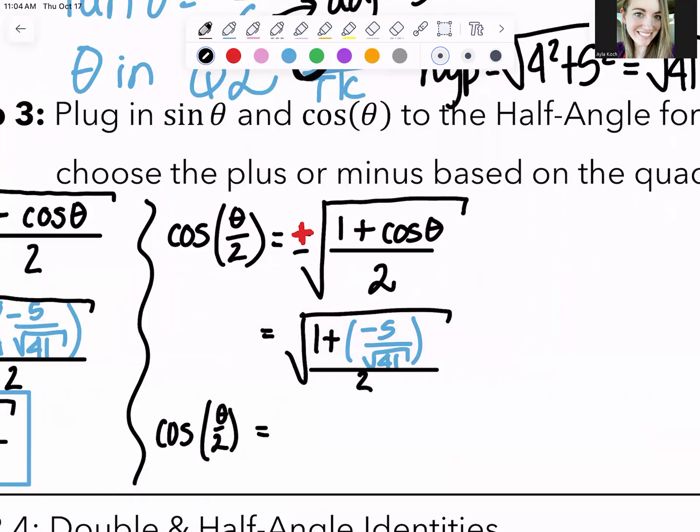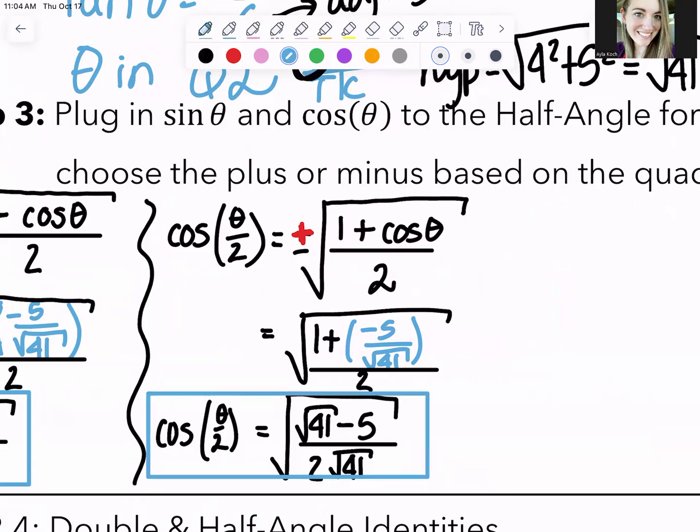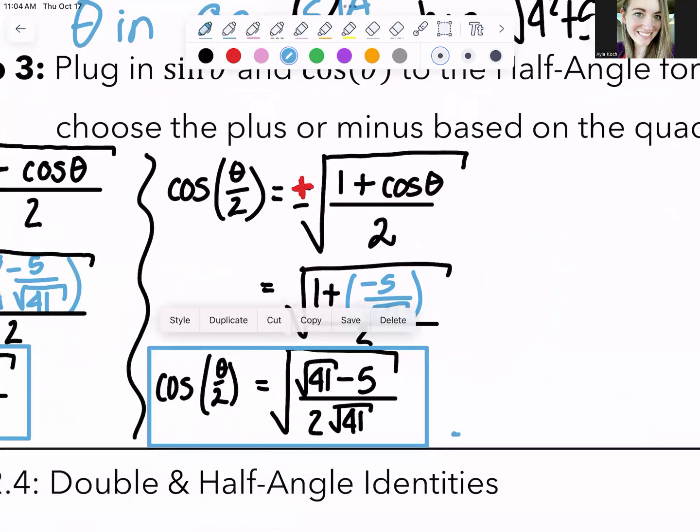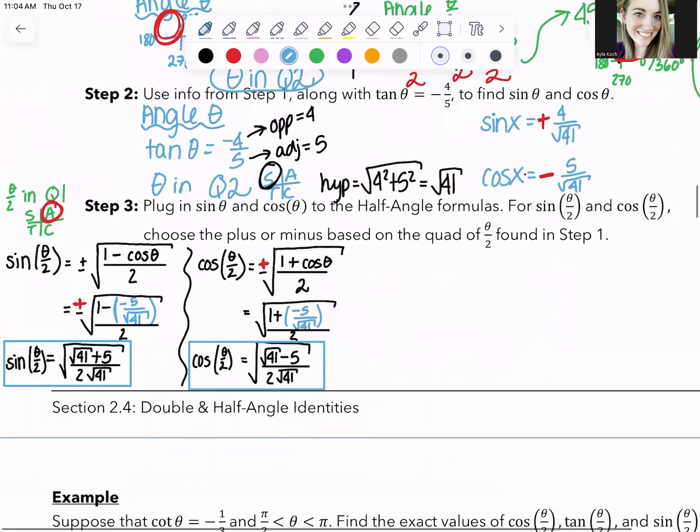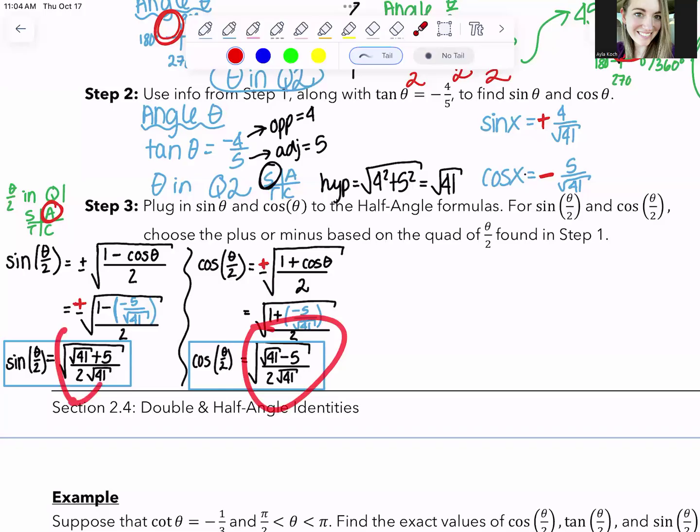And this becomes the square root of square root 41 minus 5 all over 2 square root of 41. So you can see the same exact thing, right? Same exact thing, just a minus difference.